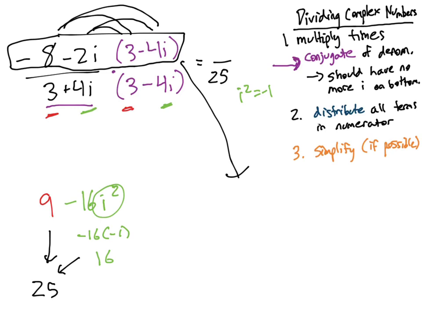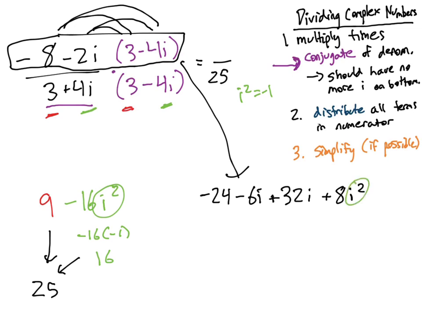Negative 8 times 3 is negative 24. Negative 2i times 3 is negative 6i. Negative 8 times negative 4i is plus 32i. And negative 2i times negative 4i is plus 8i squared.